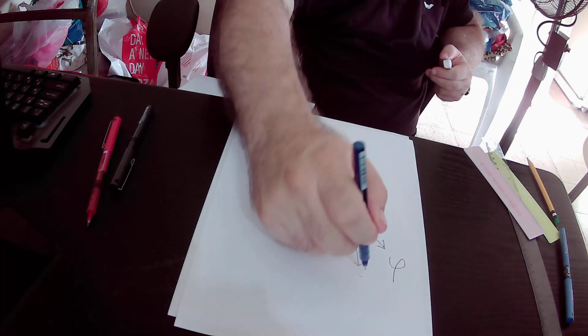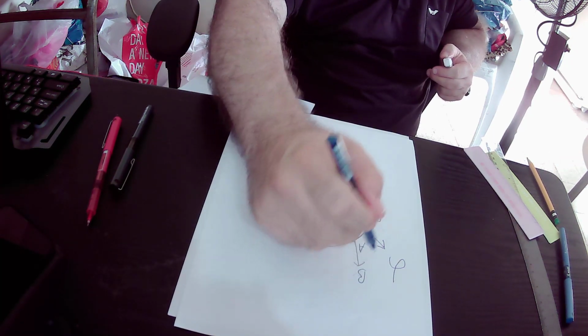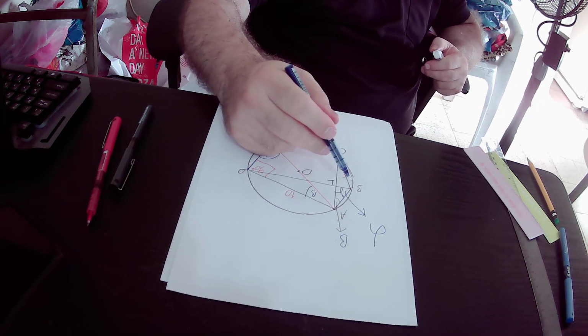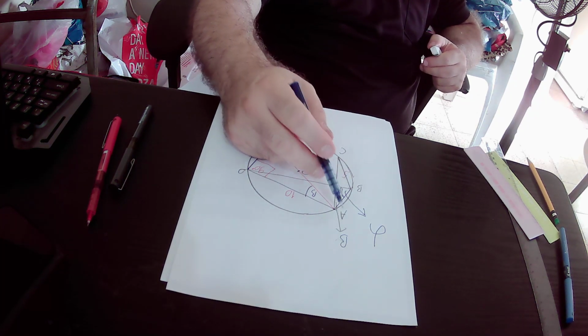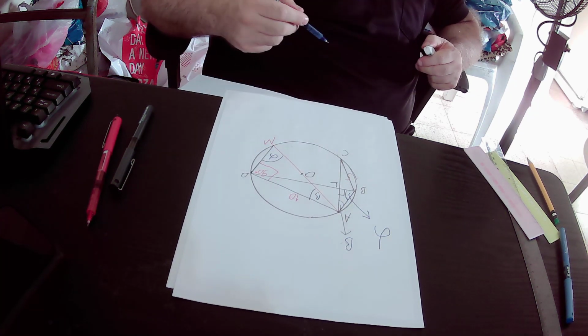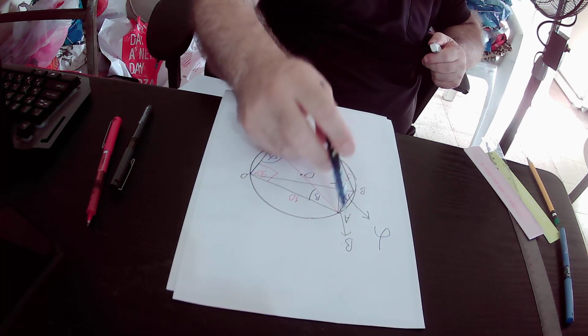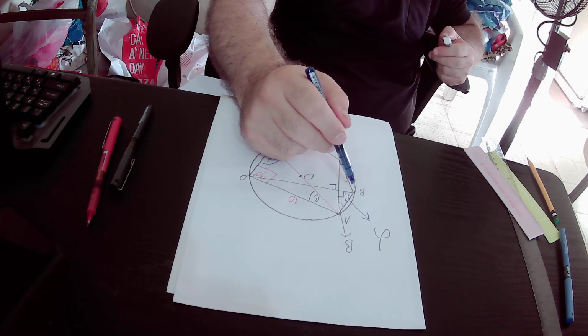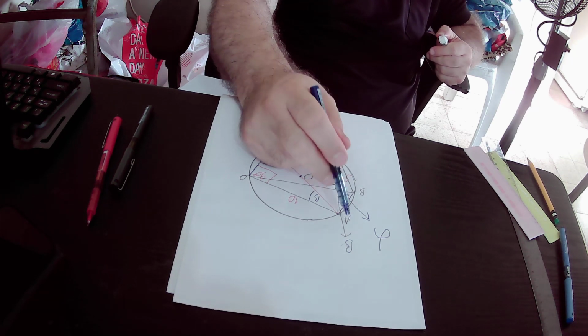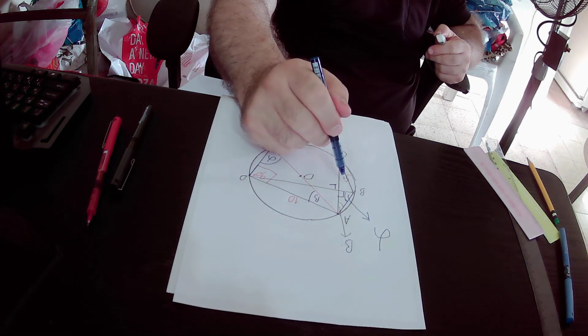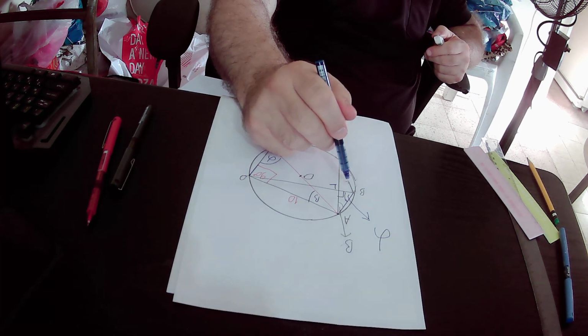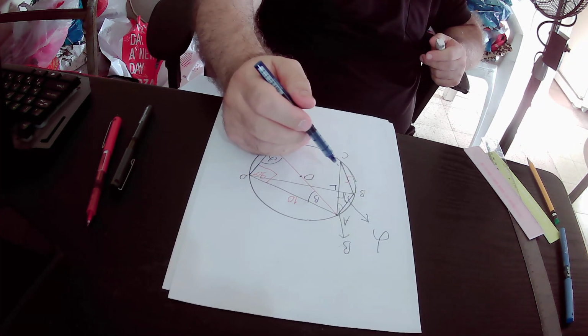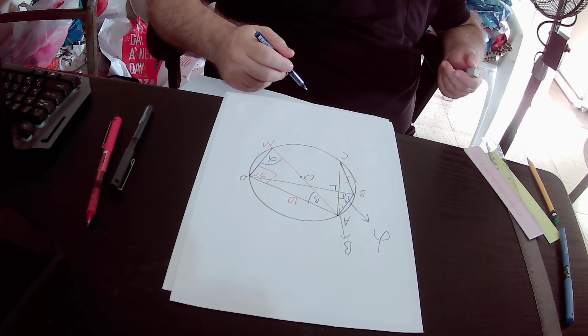So angle BAL equals beta in the right triangle ABL.